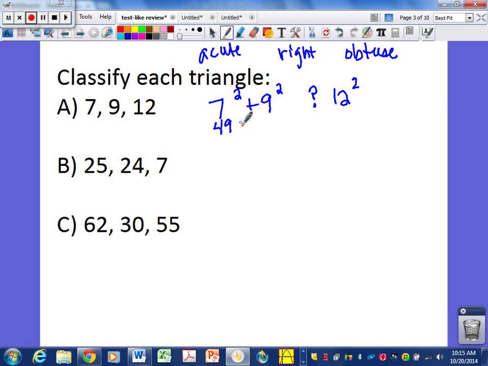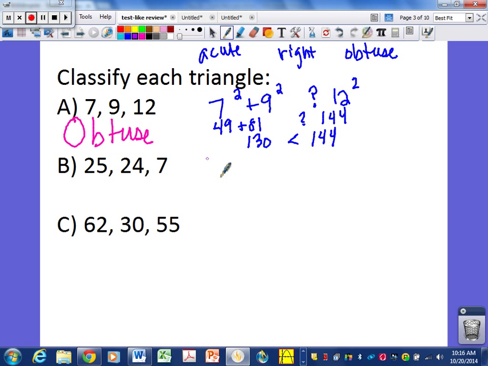So 49 plus 81, how does that compare to 144? 130 is less than 144, which means this is an obtuse triangle. If c squared is larger than a squared plus b squared, it's an obtuse triangle.